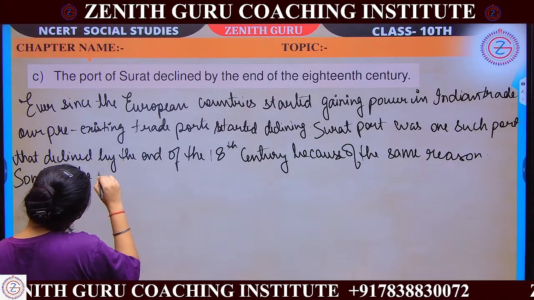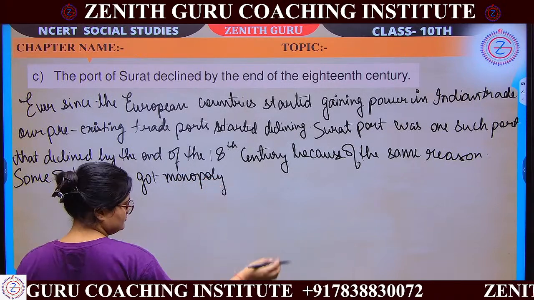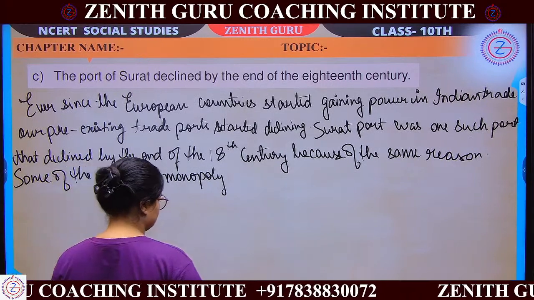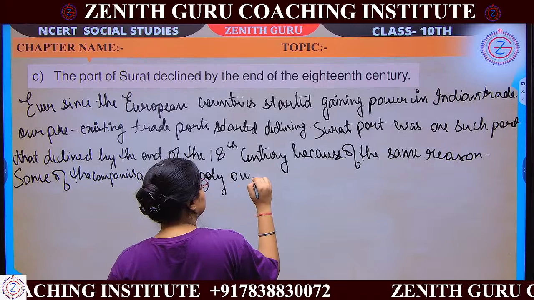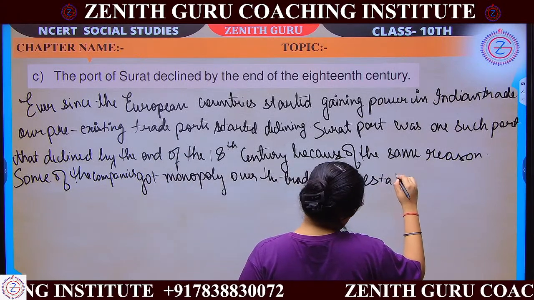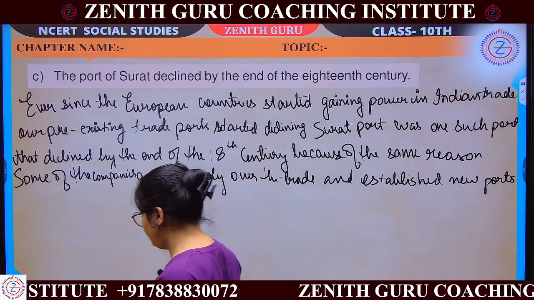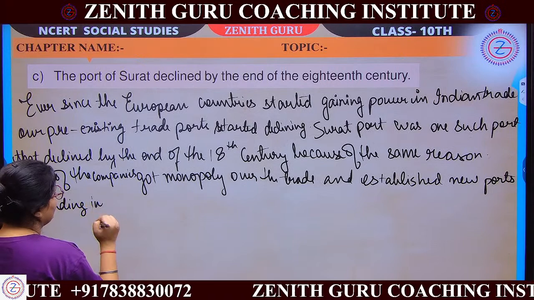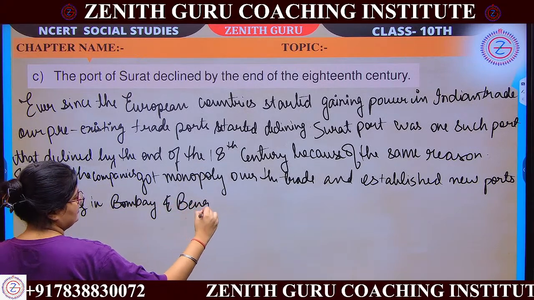Some of the companies got monopoly over the trade and established new ports for trading in Bombay and Bengal.